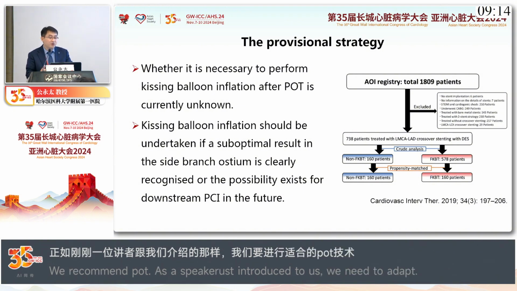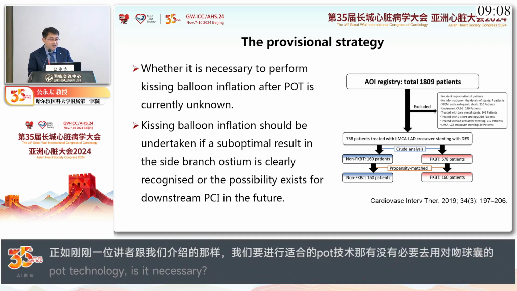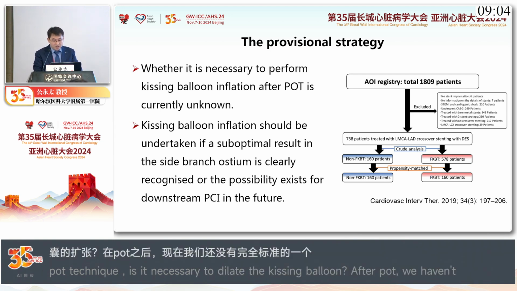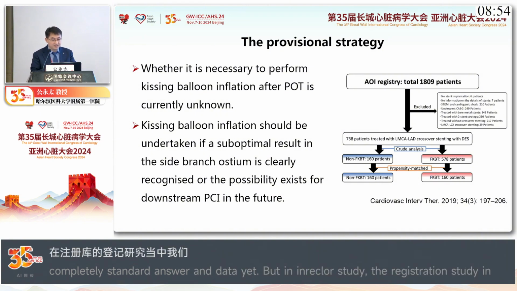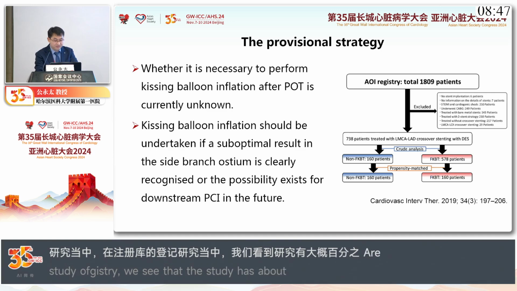Whether it's necessary to perform kissing balloon inflation after POT is currently unknown, but in the registry study, we can find about 80% of procedures complete the kissing balloon inflation.